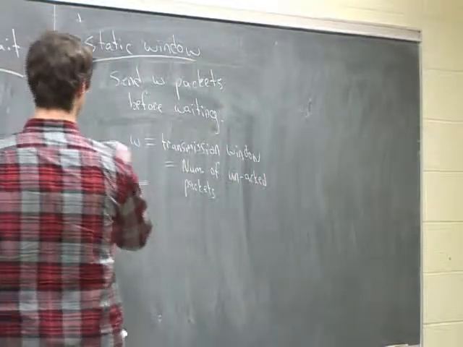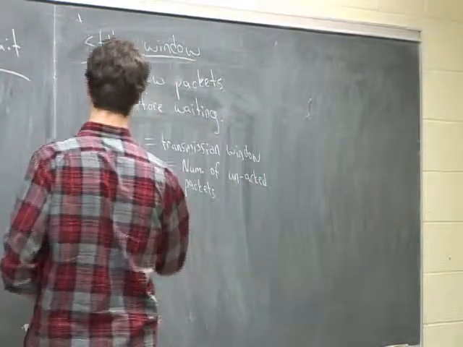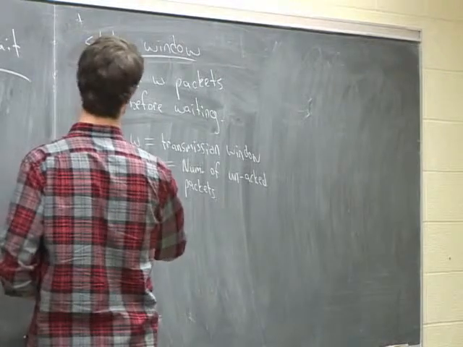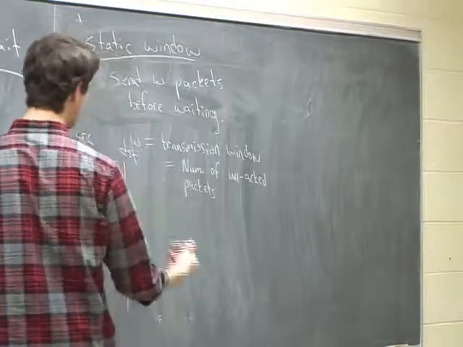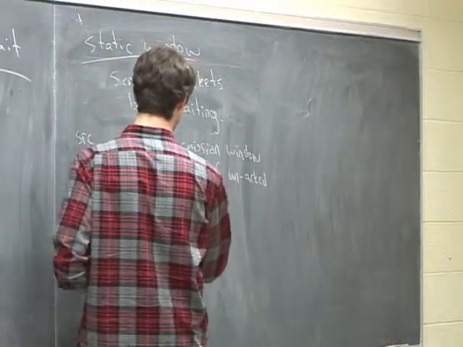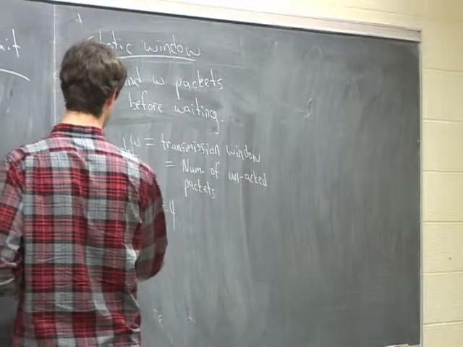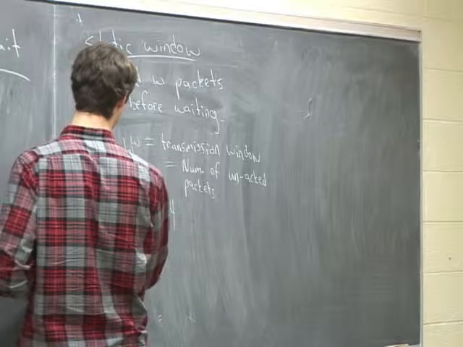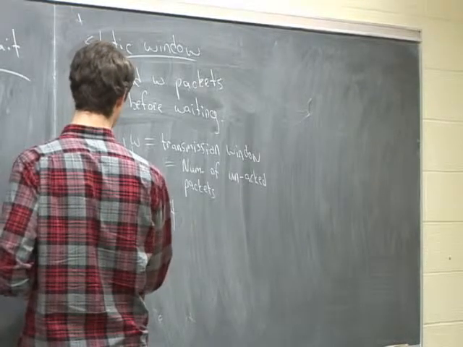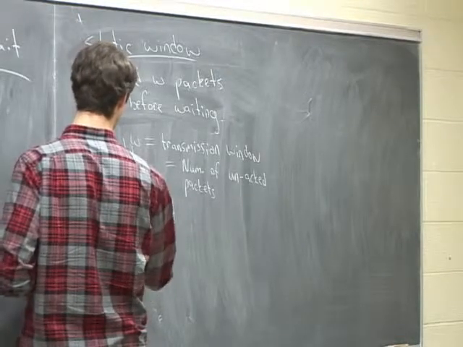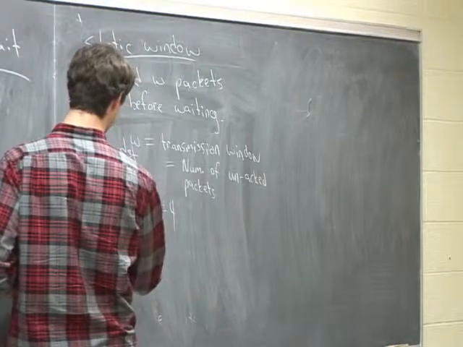Okay, so if we look at the picture of this, let's say for this example that W is equal to 4. That means that now the source can send 4 packets at a time, and it doesn't have to wait.